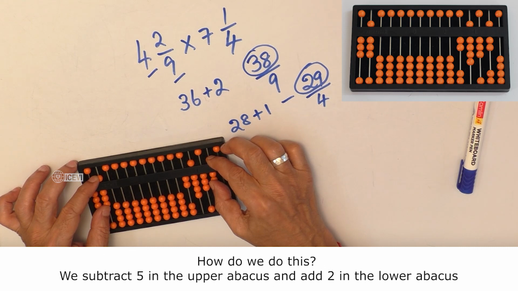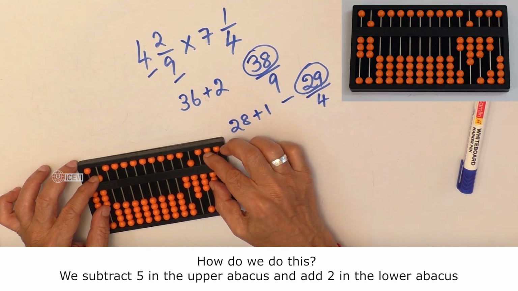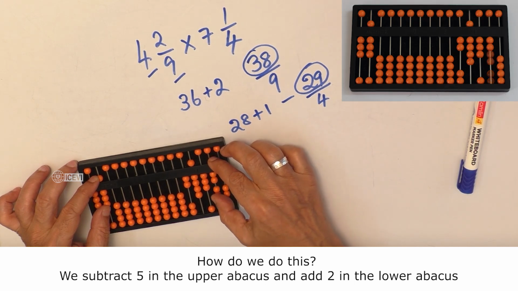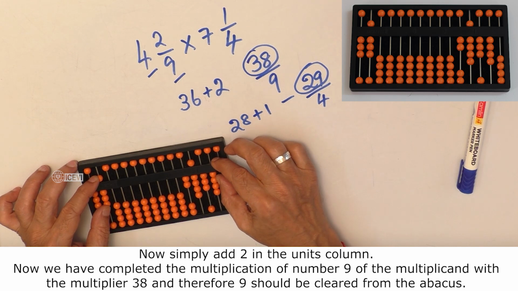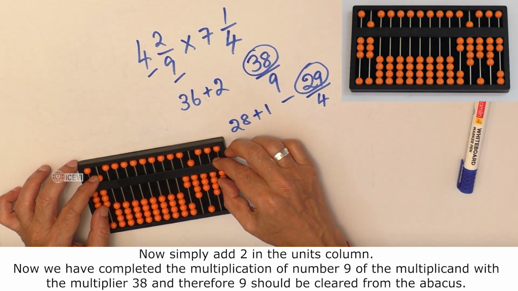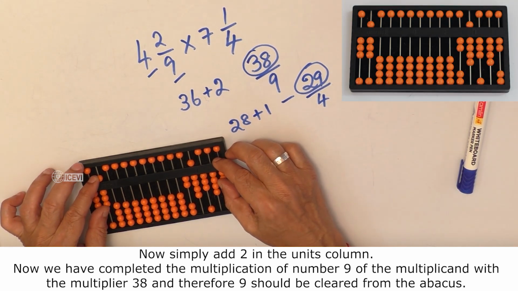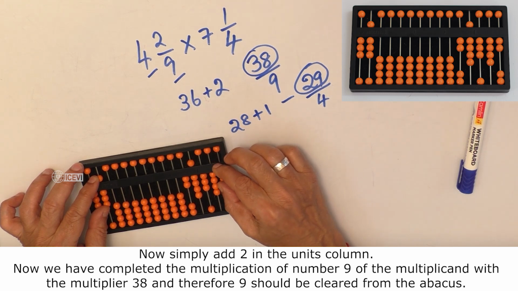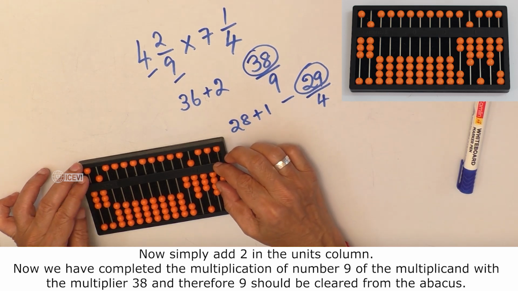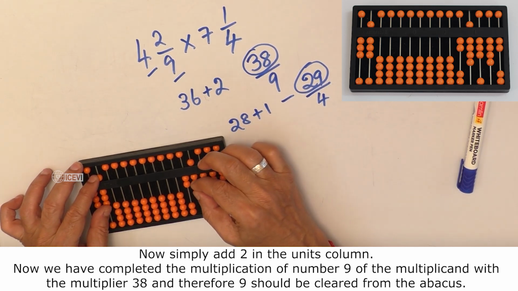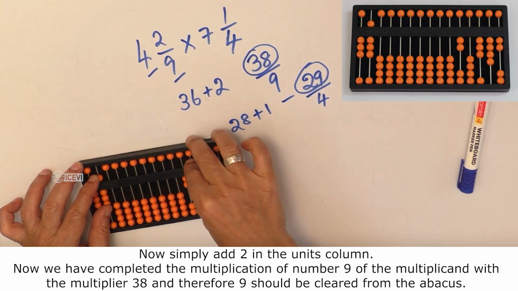How do we do this? We subtract 5 in the upper abacus and then add 2 in the lower abacus. Now let us add 2 in the units column. Now we have completed the multiplication of the number 9 of the multiplicand with the multiplier 38, and therefore 9 should be cleared from the abacus.